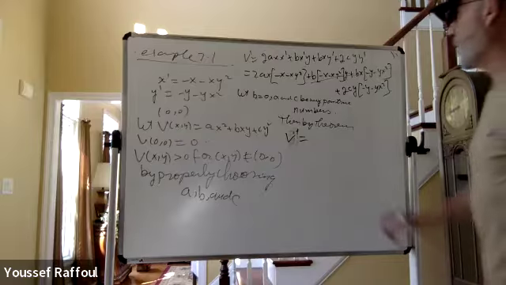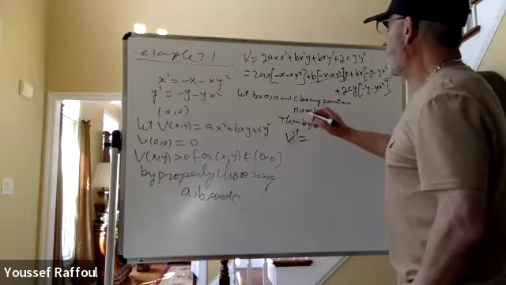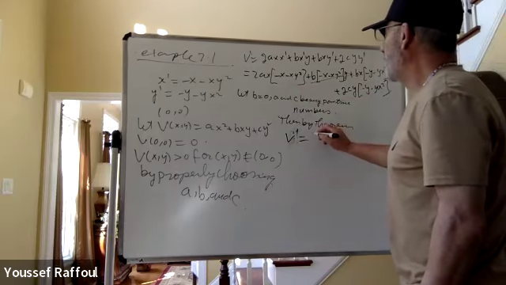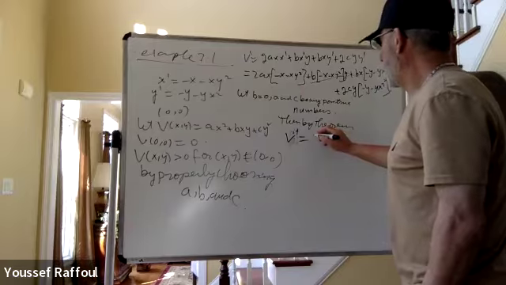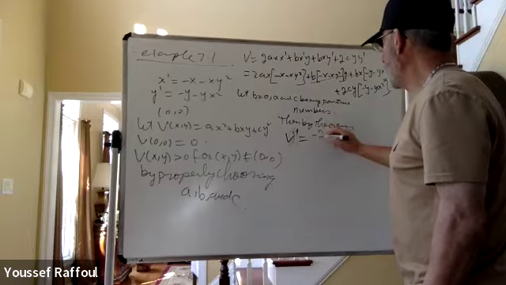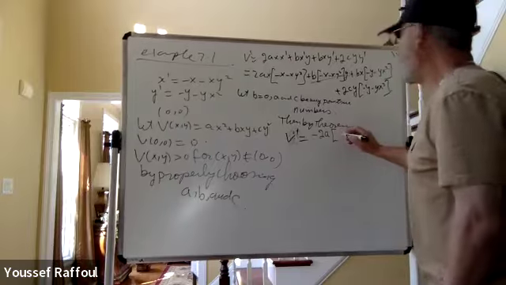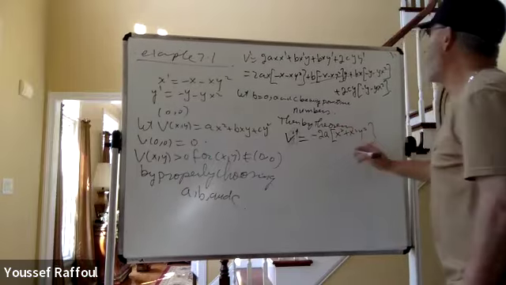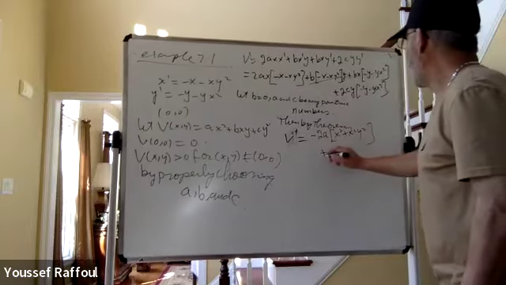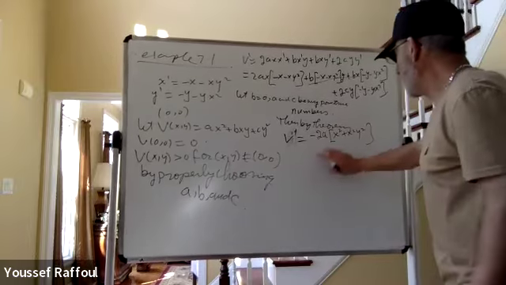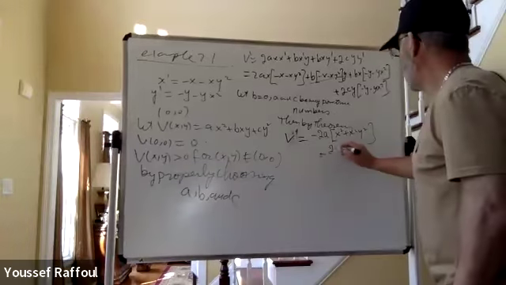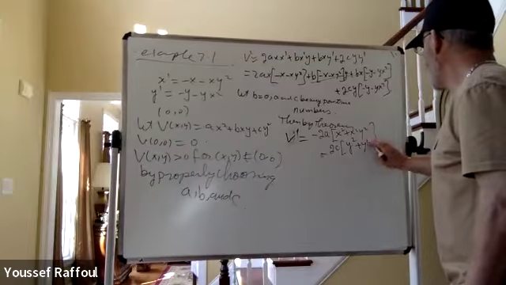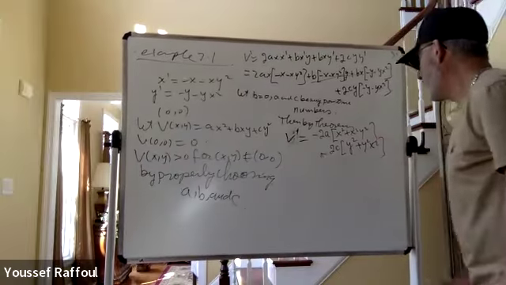So we're going to have V prime is minus 2a of x squared plus x squared y squared plus minus 2c y squared plus y squared x squared.